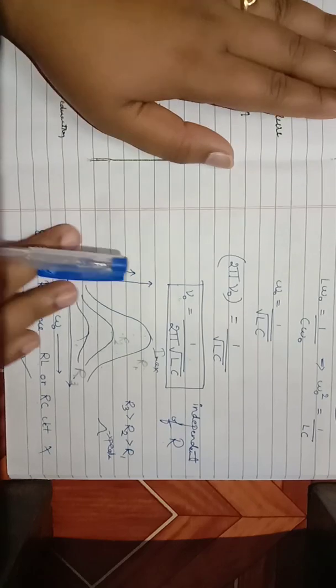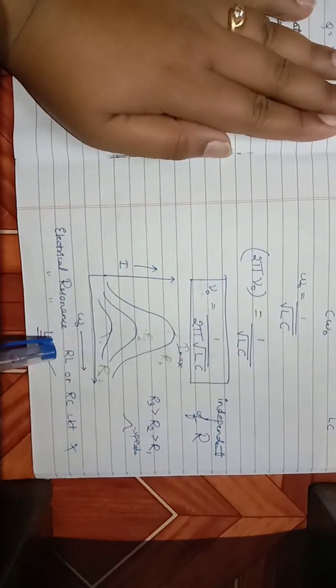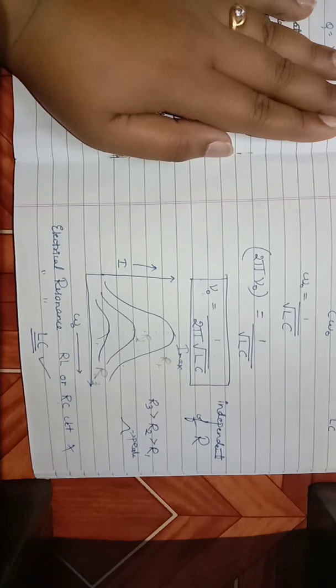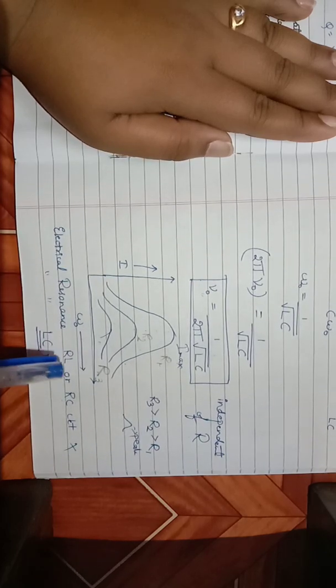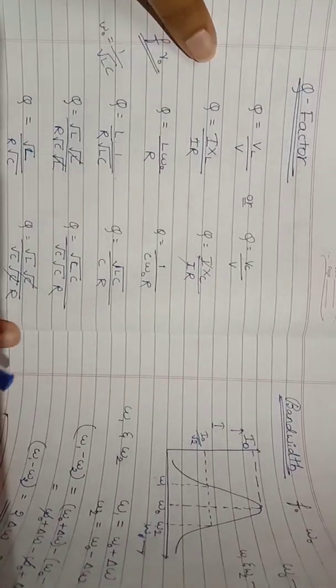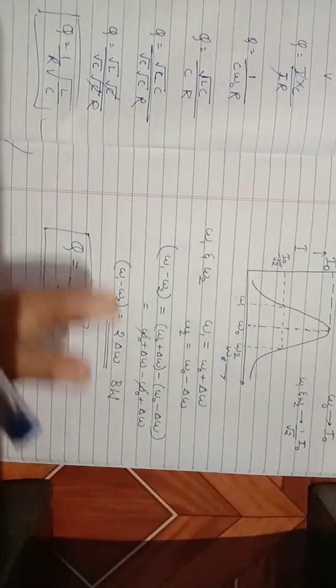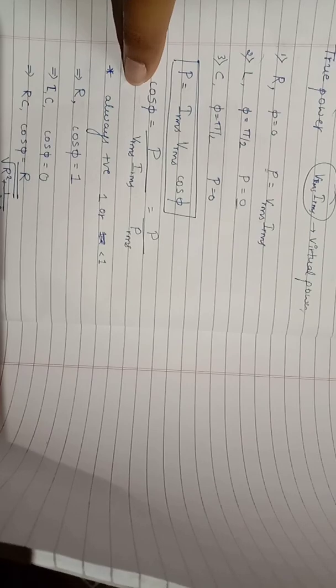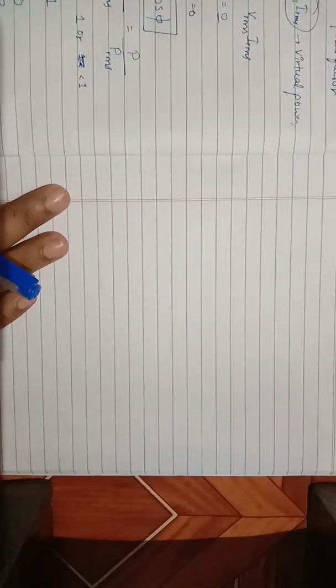And main thing, I have given you a brain storming question. I am not giving any homework to you, I just gave a little work to your mind to think. If you can answer, comment in the comment box. And then we studied about Q factor, and the bandwidth, Q factor in terms of bandwidth, and the power in an AC circuit, and power factor cos phi.